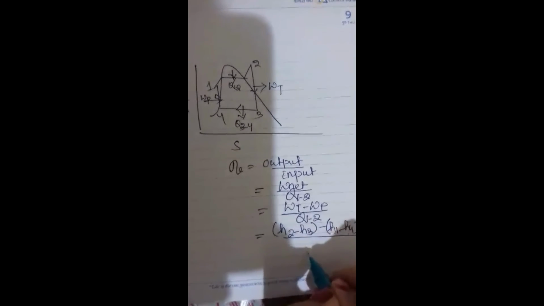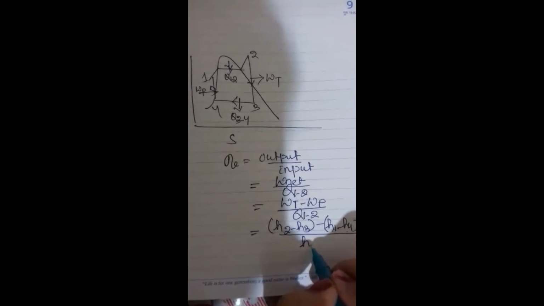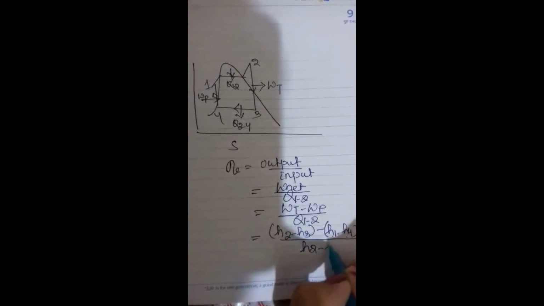Similarly, the heating process is from 1 to 2, so the heat given in the boiler will be H2 minus H1. So this is the efficiency formula for the Rankine cycle.